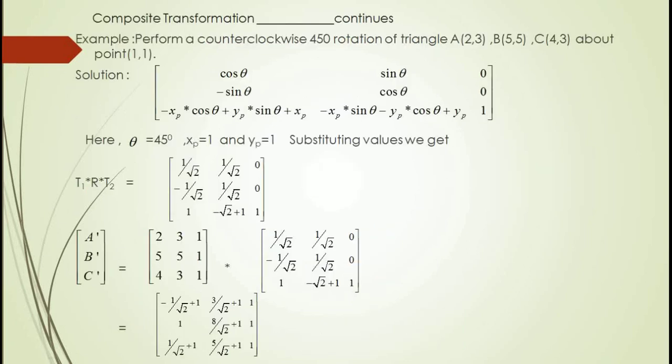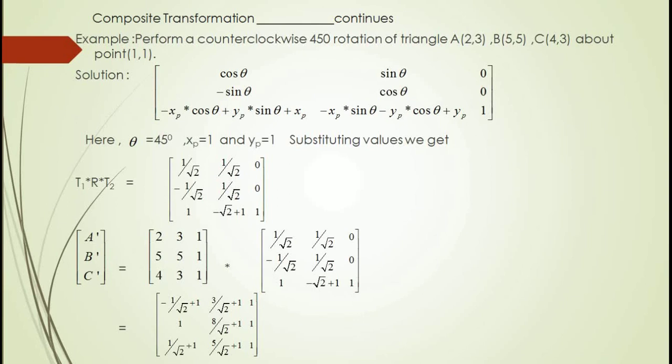So here is the example of composite transformation. Perform a counterclockwise 45-degree rotation of a triangle. The coordinates are A (2, 3), B (5, 5), C (4, 3), about the point (1, 1).